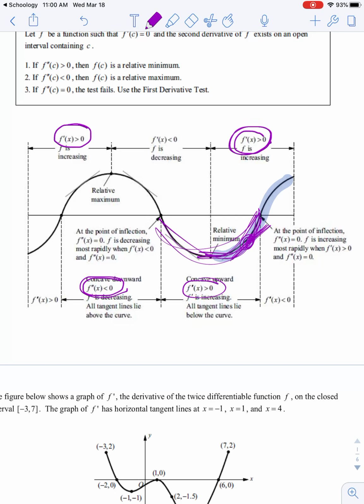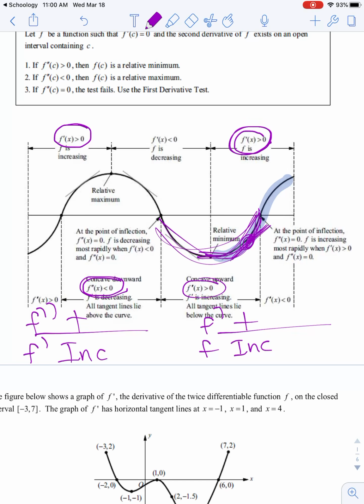Okay, now if you think about the function, if the function is increasing, its derivative is positive. So if I say that the first derivative is increasing, that means its derivative is positive, meaning if the second derivative is positive, the function is concave up.